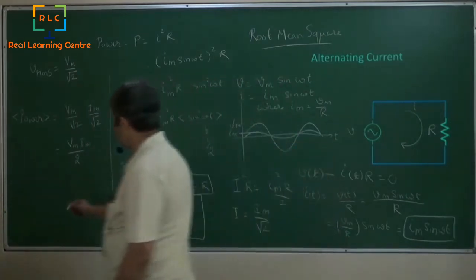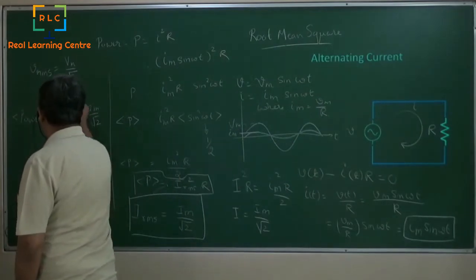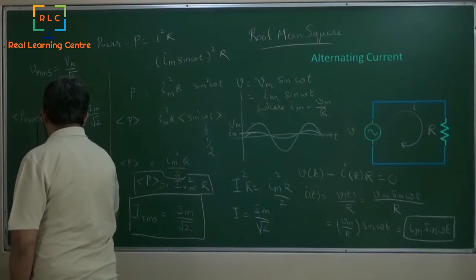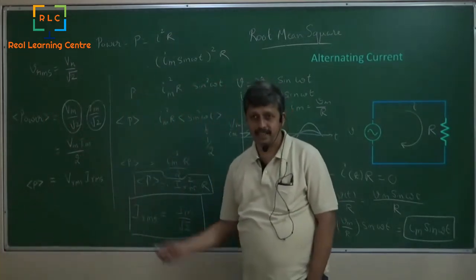This is the same as saying that average power is simply equal to Vrms into IRMS. Power is equal to VI, works here also.